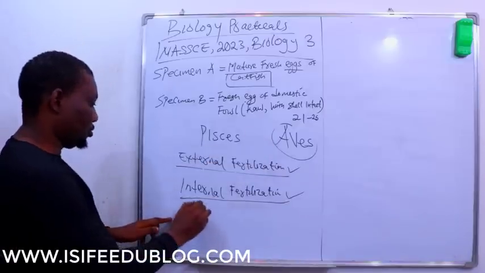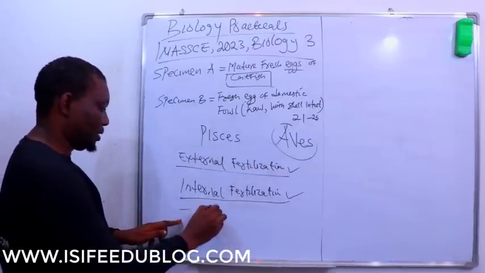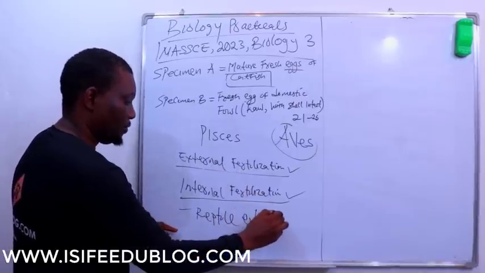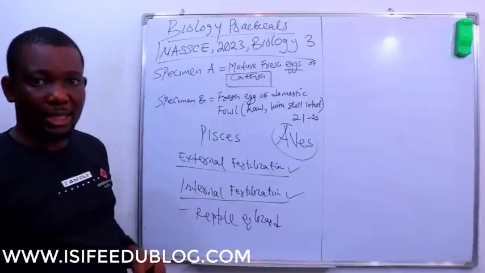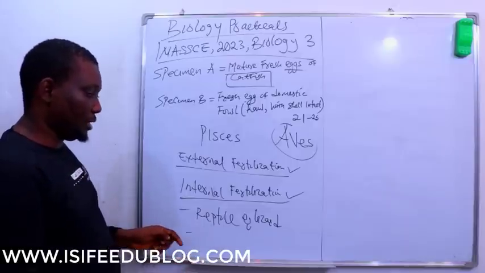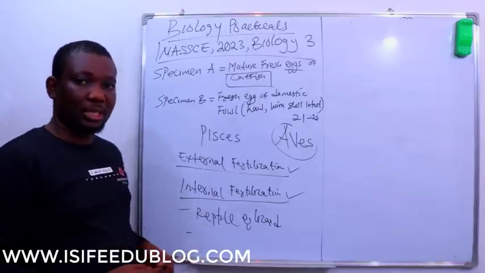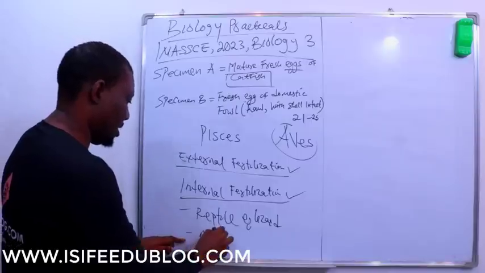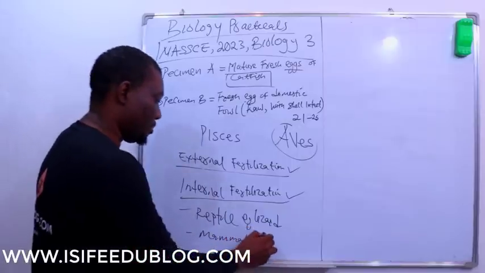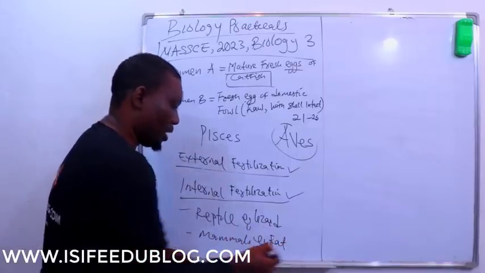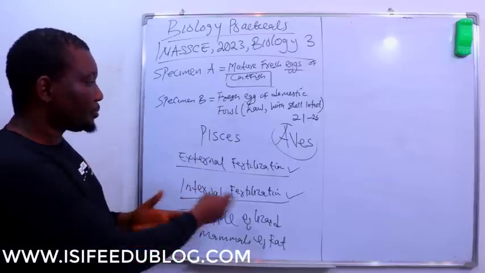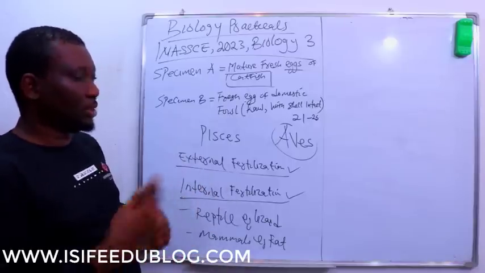They can also mention reptiles, for example, lizard. Then we also have another class of organisms that exhibit this type, which is mammals. Examples of mammals that exhibit this type, one can even mention rats, even man. So these are the questions.